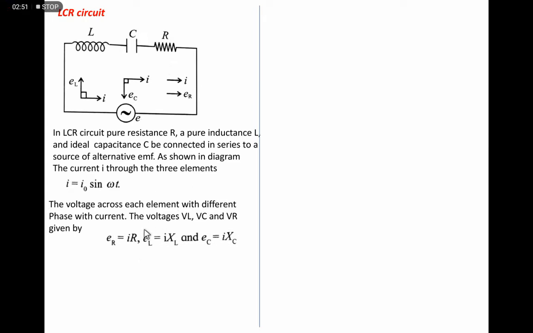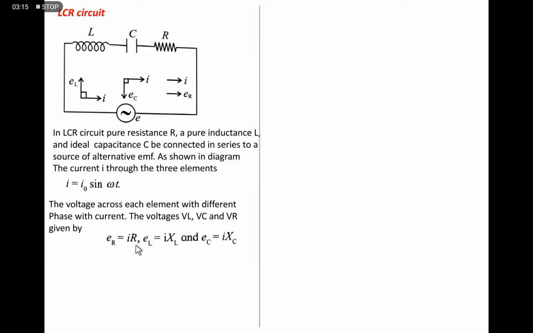Across the resistance, EMF is IR. It is like Ohm's law, V is equal to IR. Same way, EMF across the inductance is I into XL, where XL is the inductive reactance.